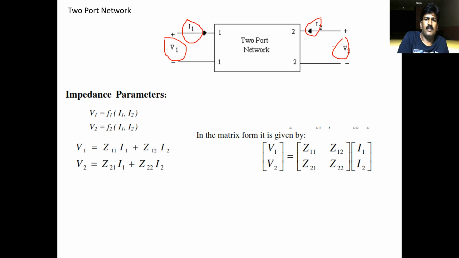In impedance parameters, I1, I2 are acting like independent variables, but V1, V2 are acting like dependent variables. Why? Because V1 is a function of I1, I2, and V2 is a function of I1, I2.